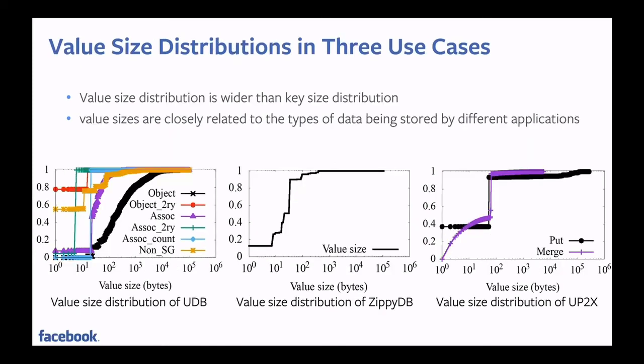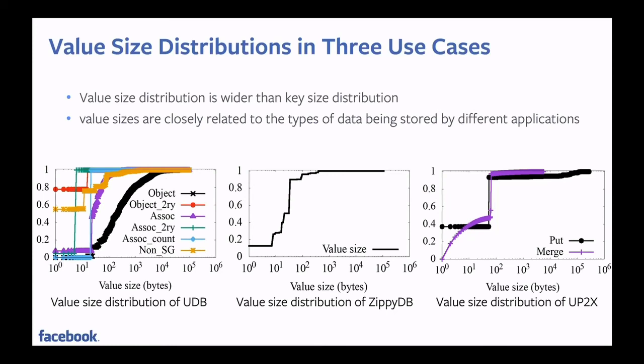Value size is also pretty interesting. The value size distribution is wider than the key size distribution, and it is closely related to the data type stored in this use case. For the UDB, the size can be hundreds of kilobytes or megabyte level because maybe someone wants to store a very long post, or if it is a small photo, we may store it directly in the graph.